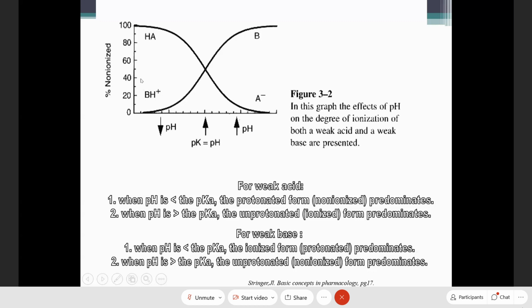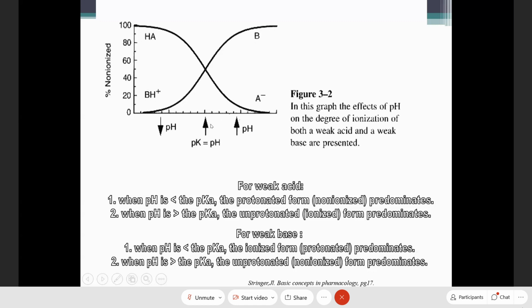Because the plot here is the non-ionized form, so this one has to be very low. It refers to HA and B, actually. The B is the non-ionized form, which will be at 100% when it predominates.